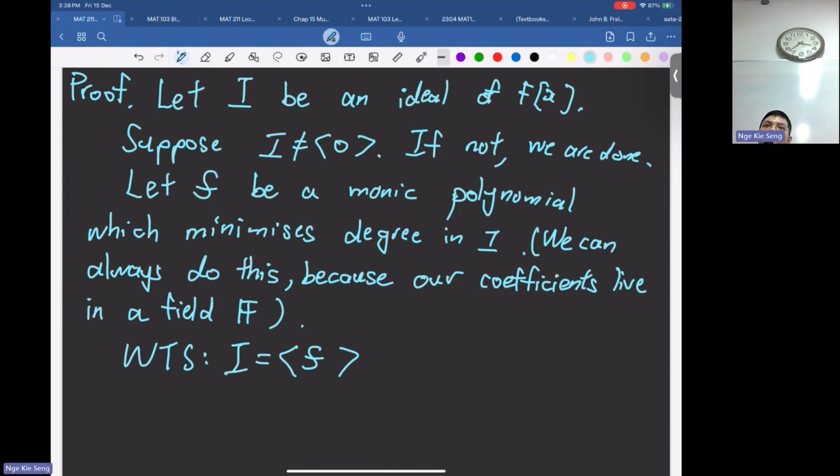I contains f, so any multiple of f should be contained in I because I is an ideal.